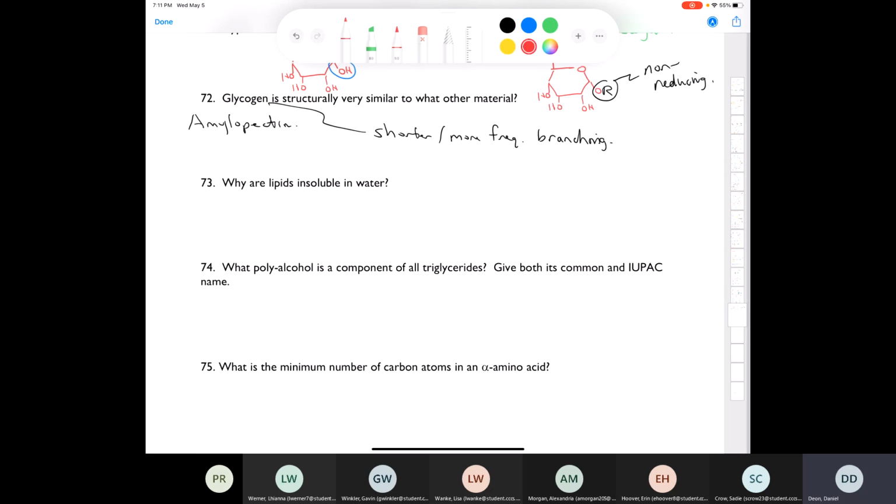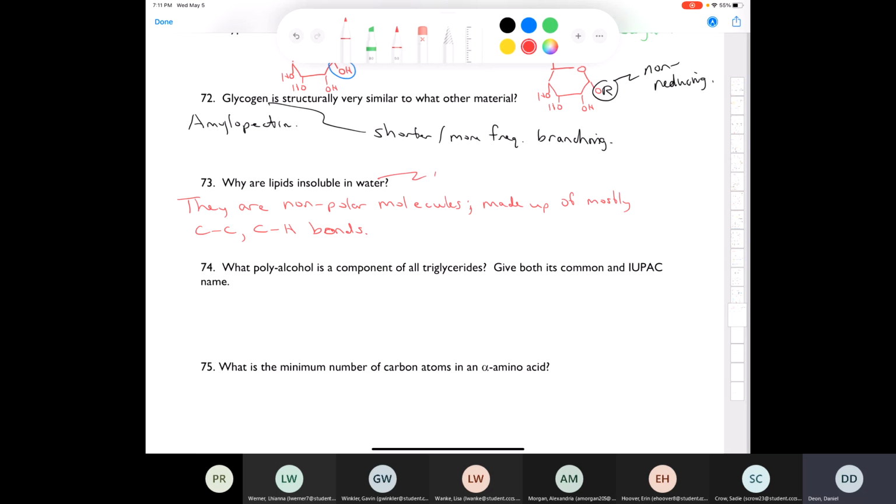Why are lipids insoluble in water? Well, hopefully you could give me a little bit of a reason as to why. It's because they're nonpolar molecules, made up of mostly carbon-carbon and carbon-hydrogen bonds, which are nonpolar.